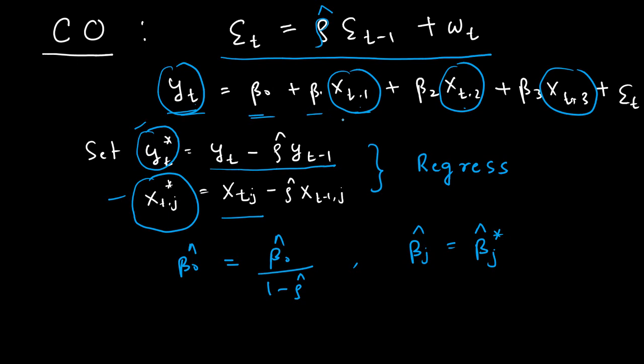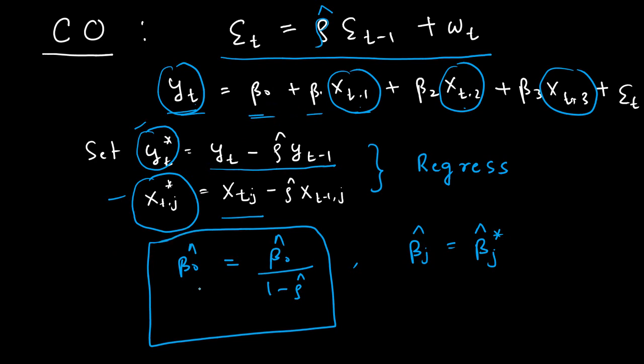xt3 star. Alright. Now the question is, how do we get back to our original estimates? Mind it, our original estimates are beta naught, beta 1, not beta naught star, beta 1 star, because those estimates of course will be coming from the transformed variables.